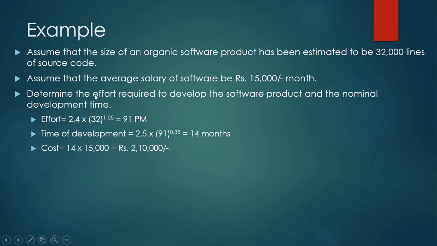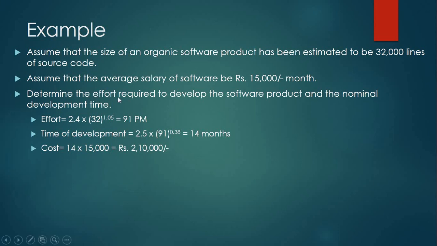To understand this, we have an example here. It says, assume that the size of an organic software product has been estimated to be 32,000 lines of source code. 32,000 lines means 32 KLOC, so KLOC's value will be 32. Assume that the average salary of a software engineer is rupees 50,000 per month. So 50,000 per month is our cost, and we will multiply it by the number of months for the cost estimation.